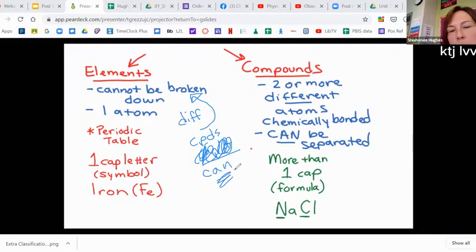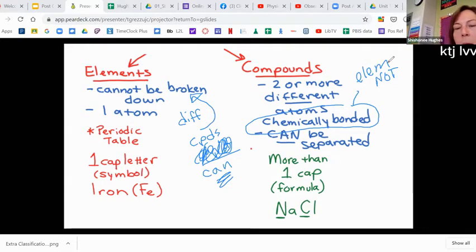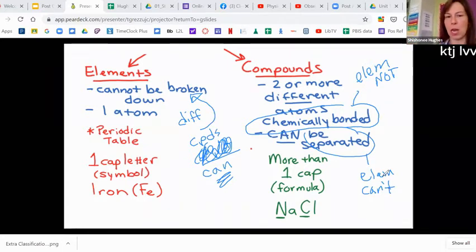So that's one difference. Compounds are chemically bonded, elements are not. That would be a difference. Compounds can be separated, elements can't. That would be a difference. You see how you can take the definition and then work through those differences.